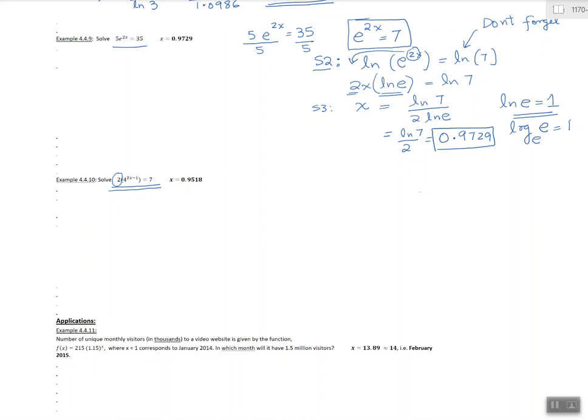So we have to first get rid of 2. So let's start. 2 times 4 raised to the power 2x minus 1 equals 7. So I have to divide by 2 first. So this 2 and this 2 cancel, and I'm left with 4 raised to the power 2x minus 1 is equal to 3.5.